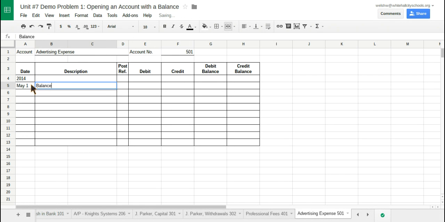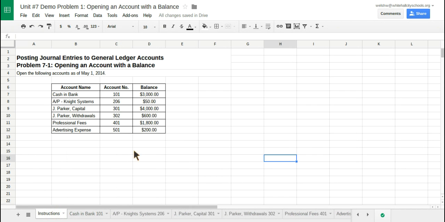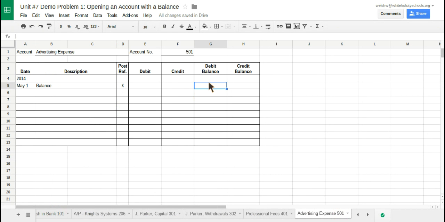We're doing the balance, X. And we know expenses have a debit balance. For 200. So in the debit balance column, we just put 200. Now all our accounts are set up. We'll be ready to post to these ledger accounts as the general journal gets completed.